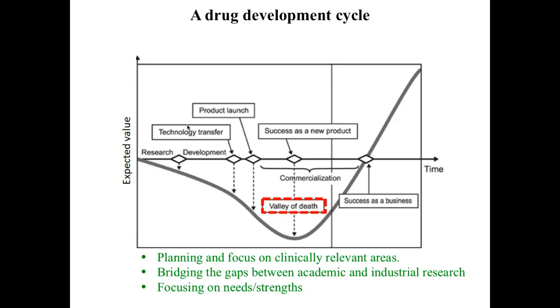So planning and focus on clinically relevant areas are extremely important, and it's extremely important to wait for a long time. Once the product is commercially successful, it will take some time to recover all the investment that was made from the beginning in this particular drug development.